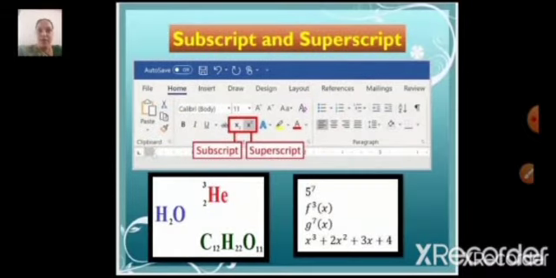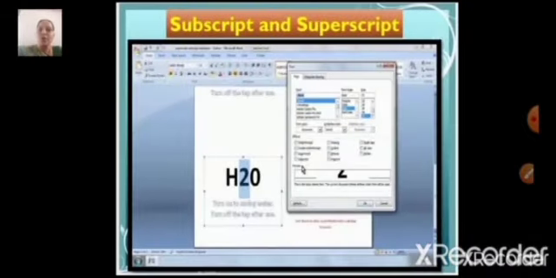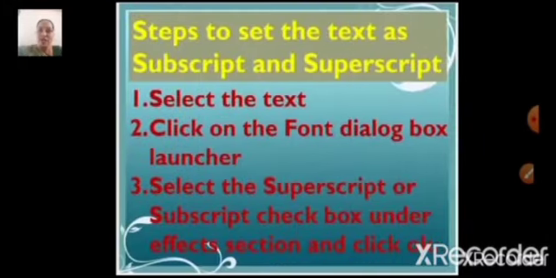So we learnt the steps for how to make the changes for the text of superscript and subscript option. Here we have the picture which shows you how to change the superscript and subscript option. We can use the font dialog box. After typing the text, you can click on the font dialog box launcher.